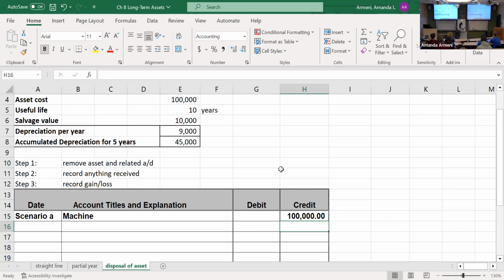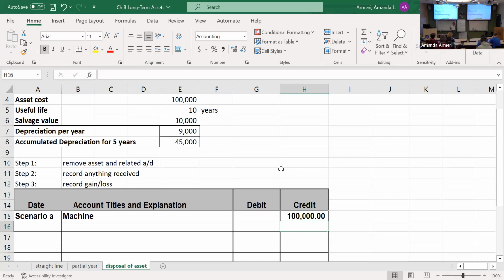Because if you get rid of the machine, then you've got to get rid of accumulated depreciation. Every year that we make our entry for depreciation, what do we do to accumulated depreciation? Is it a debit or is it a credit? Say it again. It's a credit.